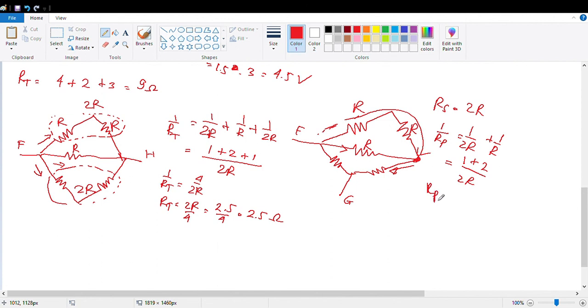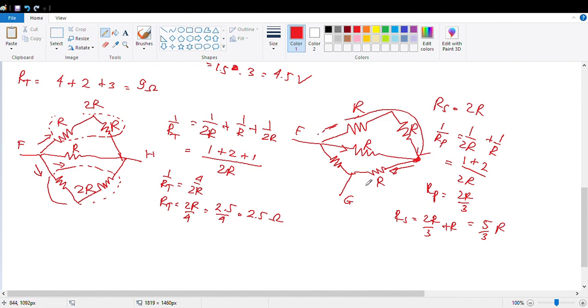So RP is 2R over 3. After that, plus the R here. So our series is 2R per 3 plus R. So 5 per 3R.